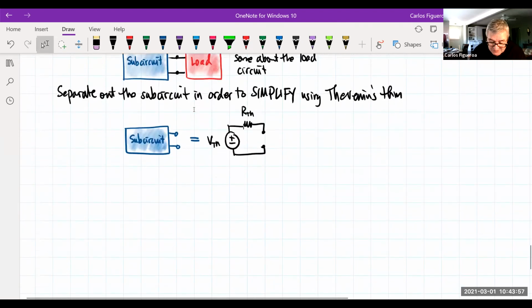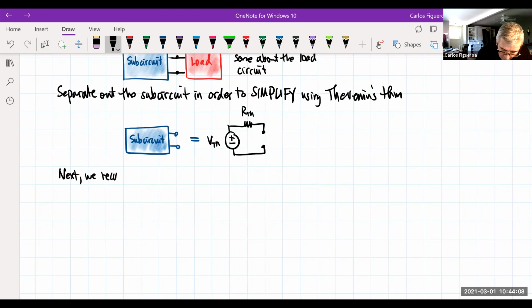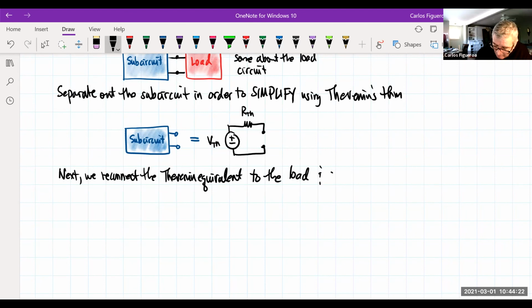Once you've simplified it this way, we reconnect the Thevenin equivalent to the load and solve the circuit problem. We can't tell the difference between these two circuits.